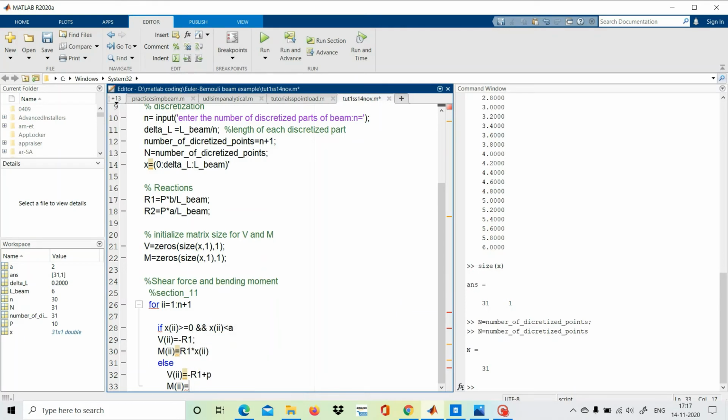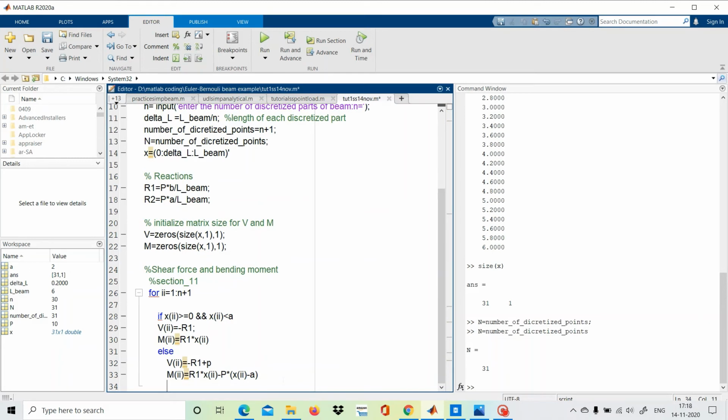So we will give shift R1 into X of II minus P multiplied by X of II minus small a. Okay, so this would be the bending moment.